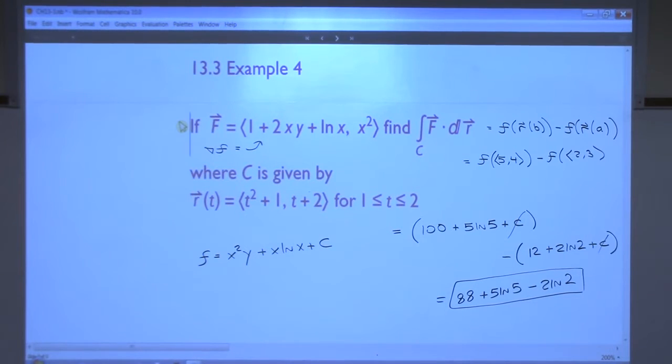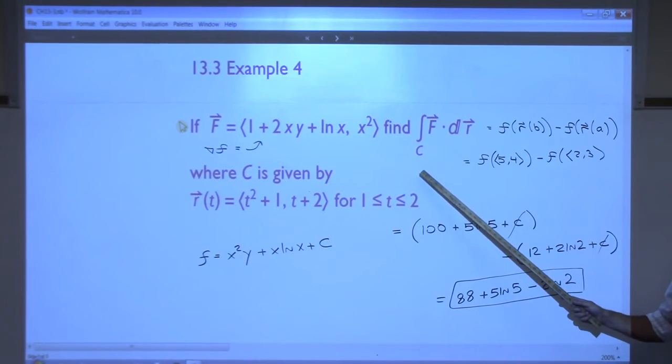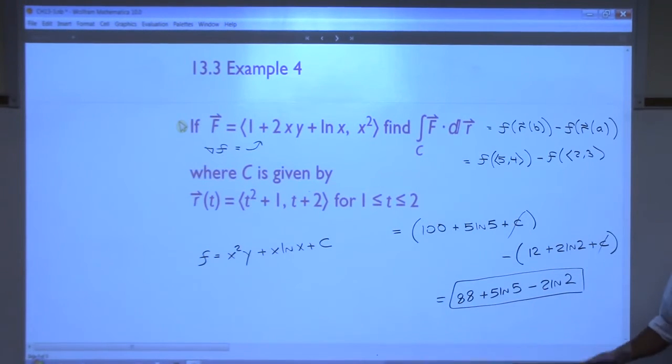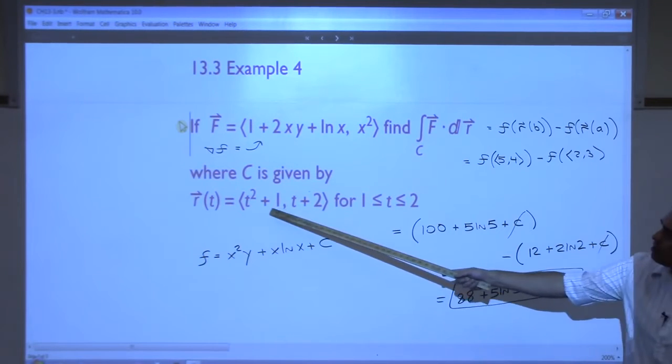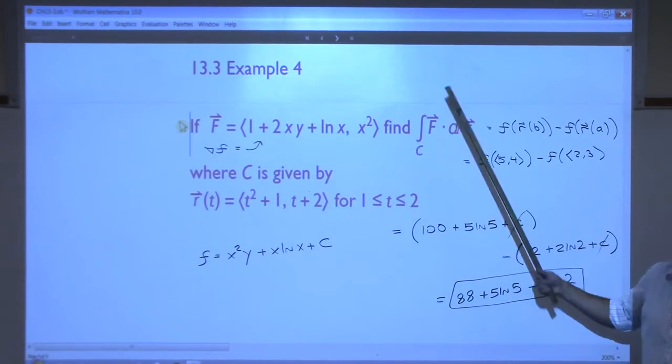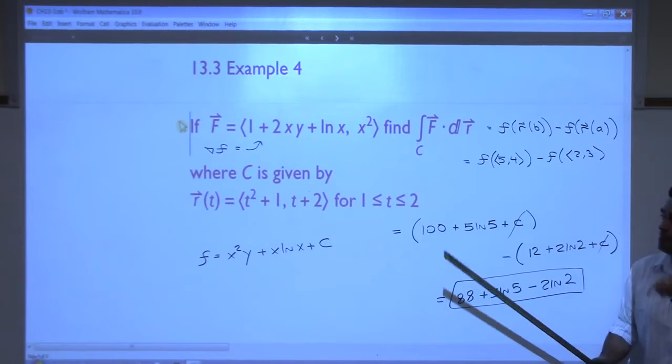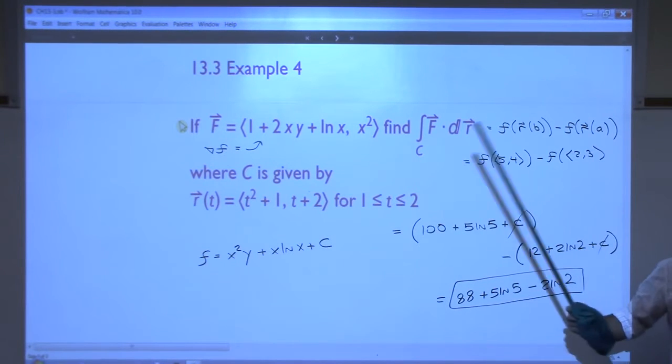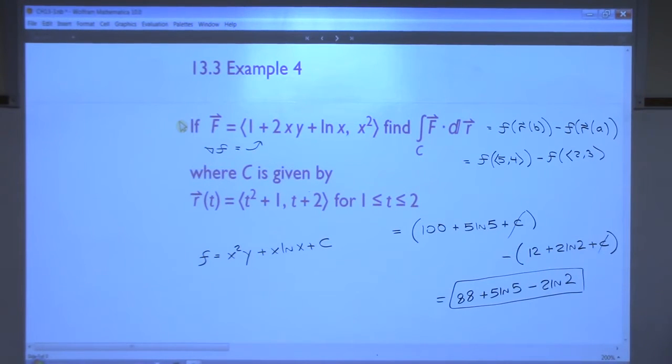So look, before today, if I would have put this on the board last class, without the fundamental theorem of line integrals, you would have gone through and plugged each of these components in for x and y, then dotted that with the derivative, and then set up the integral from 1 to 2, and then ground the whole thing out. This new theorem allows us to do it a lot shorter as long as we can come up with a potential function.